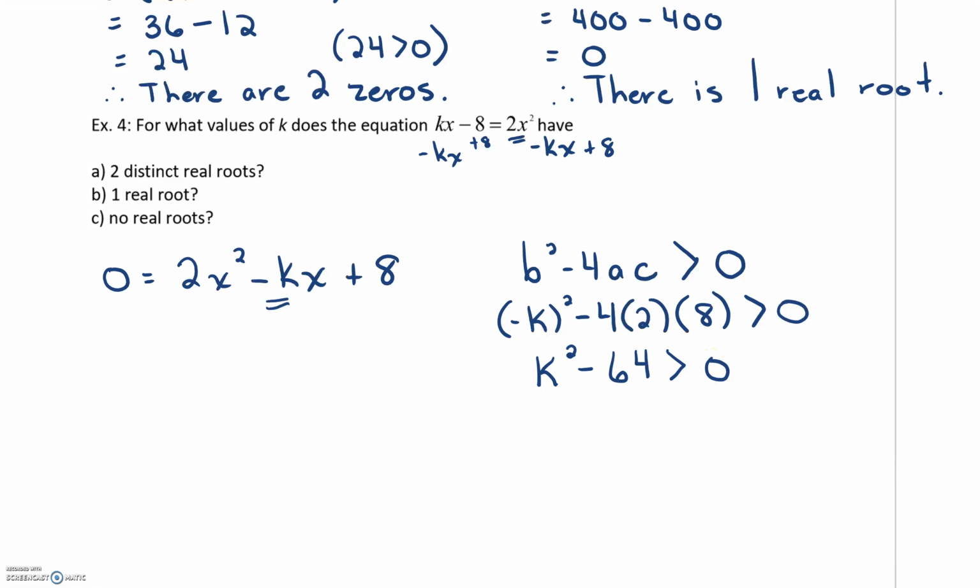And then you solve your inequality. I believe you guys did this. So I'm going to add 64 on both sides, basically solving for k. To get rid of that squared, you do the square root, which means k has to be greater than 8 or negative 8.